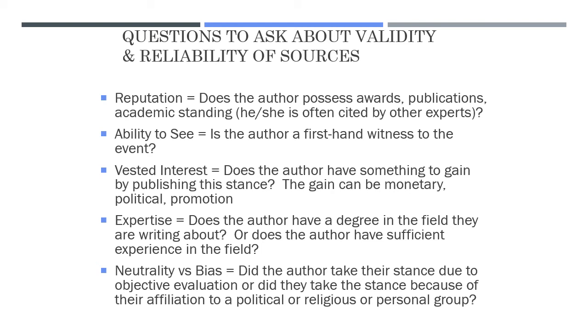Or I'm interning in a newspaper and I write this inflammatory article against a protest. I only do it because I know my boss is going to like it and give me a promotion. So these kind of things involve you looking into it. Look out for organizations that tend to be very biased. So for example, in Meat Free Future, if the author was part of PETA, which is against animal cruelty, there would be potential vested interest.